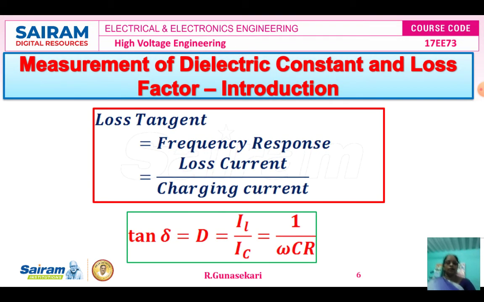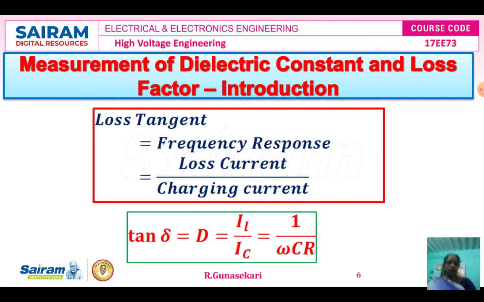How to calculate the loss tangent, that is the frequency response. It would be premature to conclude that the dielectric material corresponds to an RC parallel circuit in electrical behavior.